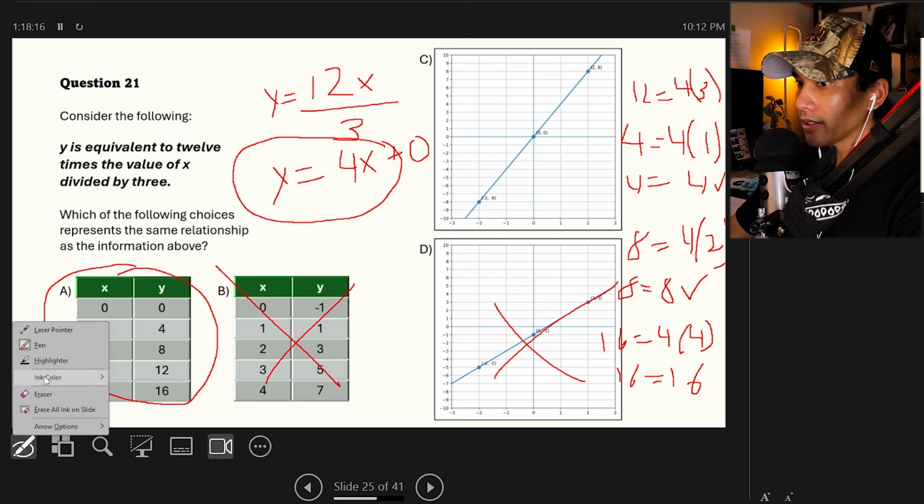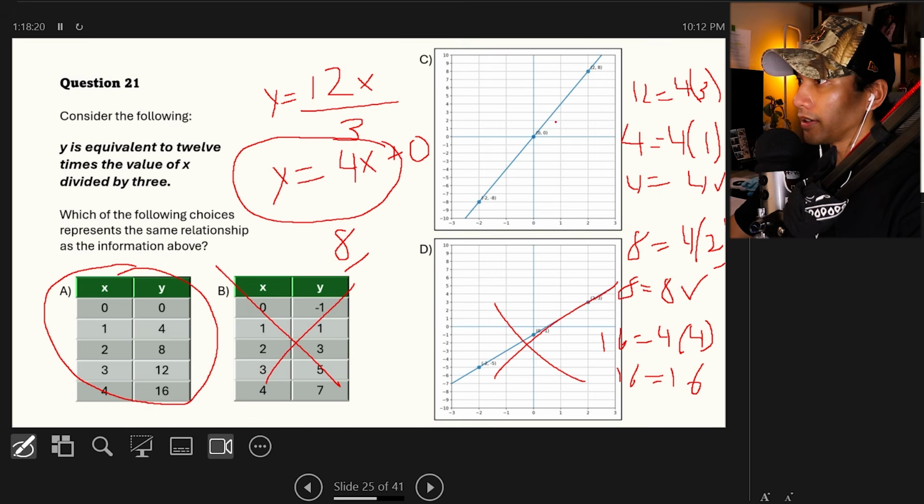So we have 8 for the rise. And then the run is 2. 8 over 2 equaling 4. Okay, so never mind. These both could be the same answer. Okay, looks like we got the same answer.